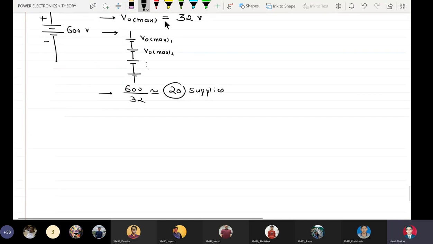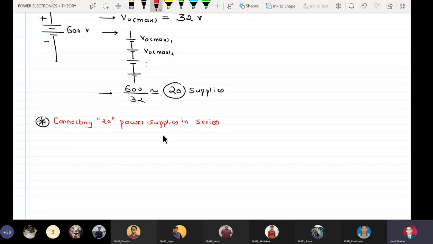So we can conclude that connecting 20 power supplies in series is impractical and resource wastage.